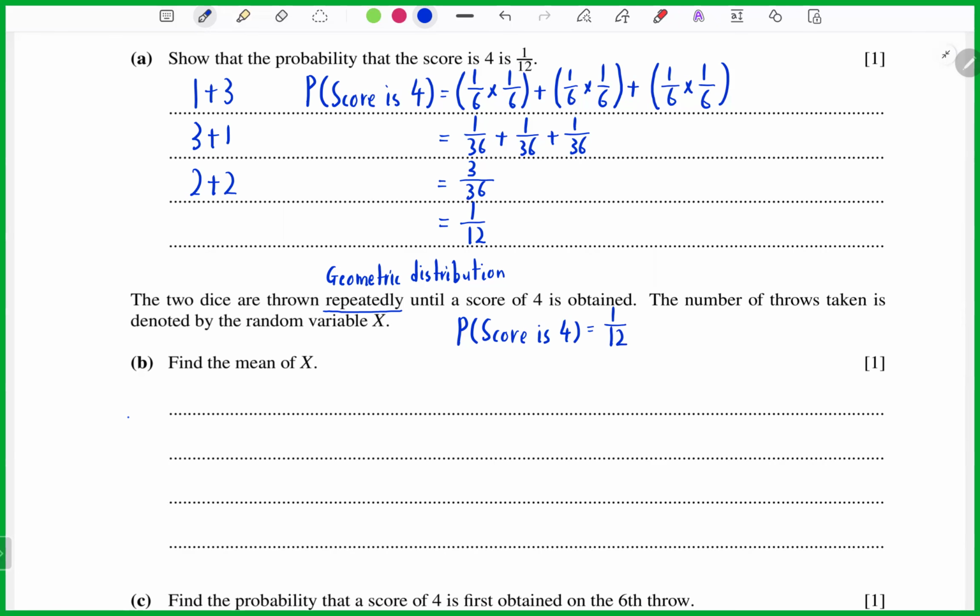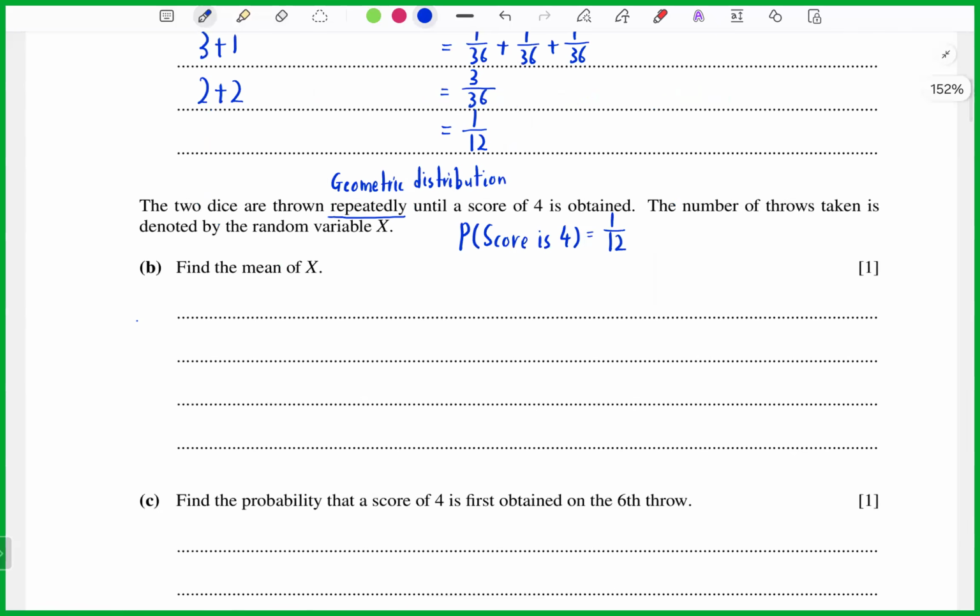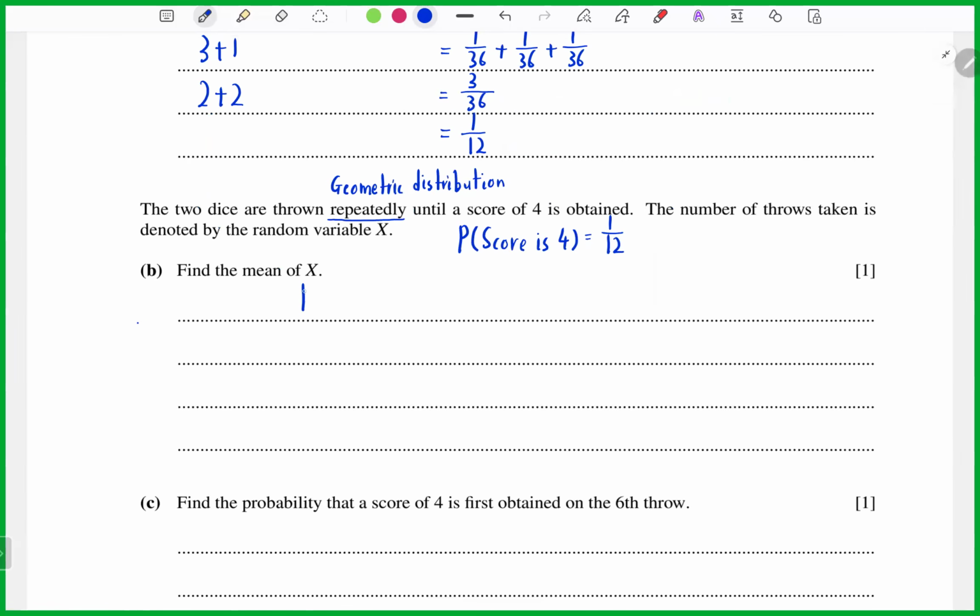The number of throws taken is denoted by the random variable X. So let's see part B, find the mean of X. So we know the mean of X equals 1 over p for geometric distributions. So you take 1 over 1 over 12, which equals 12.